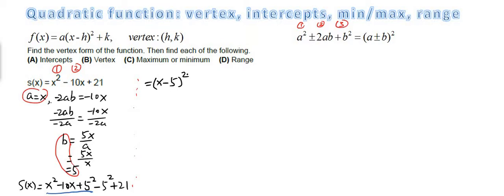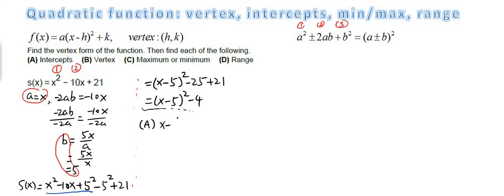So x minus 5 squared, and here is negative 25 plus 21, and we can simplify it. (x minus 5) squared, minus 4. Now that is the vertex form.